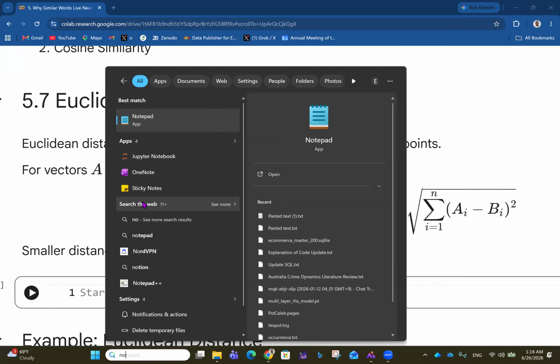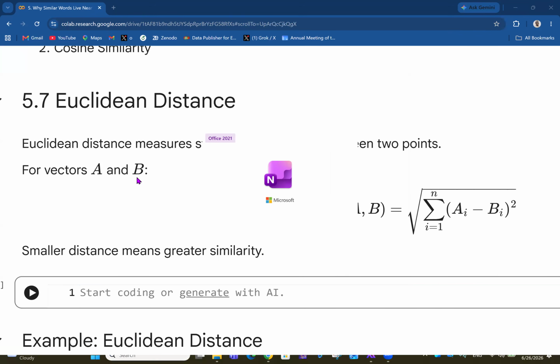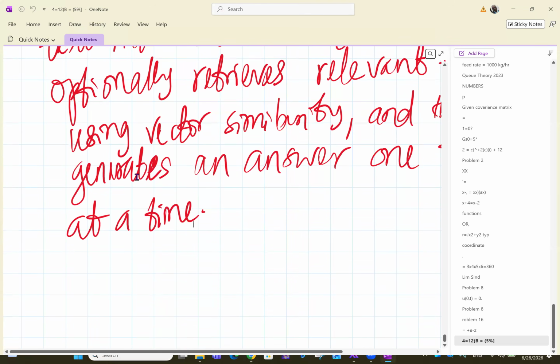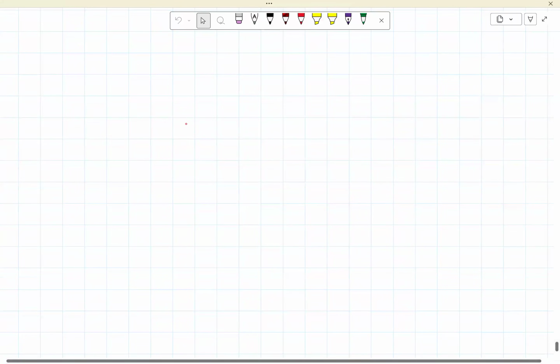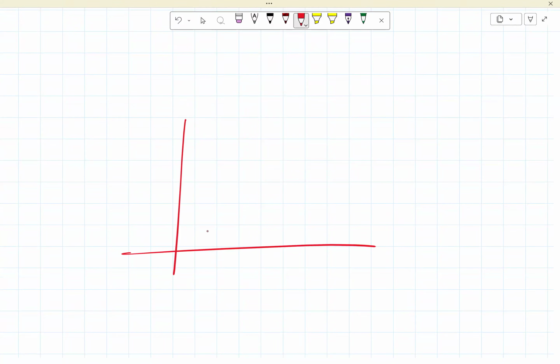The basic idea of Euclidean distance is this: you have a point here, call it x1, y1, and a point here, call it x2, y2. You can even have more points, but let's just have these. You want to get this distance, and we know the way is to project them onto a triangle like this. Let's say this distance is r.